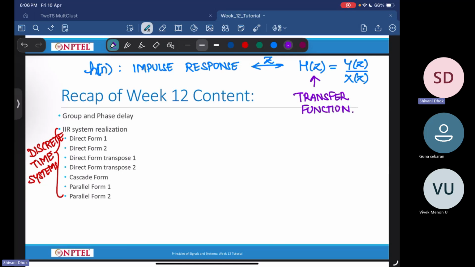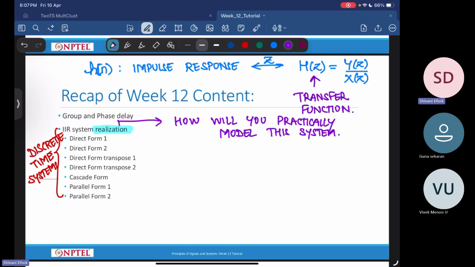Now, based on this transfer function, you want to realize this system. And what do you mean by realize? Realization means how will you physically, or rather practically, model this system.